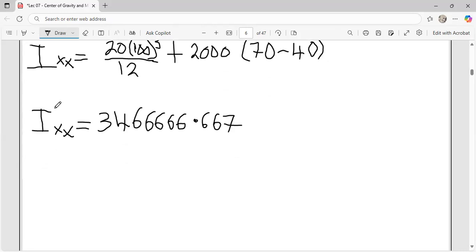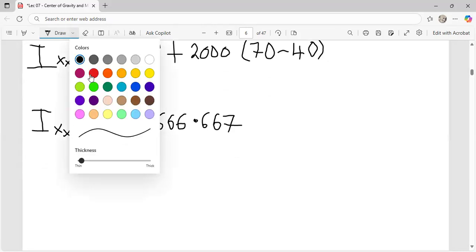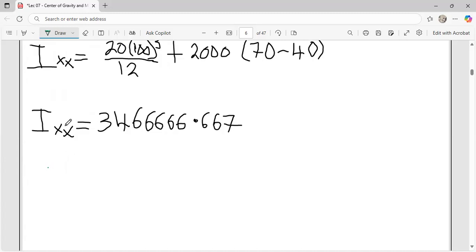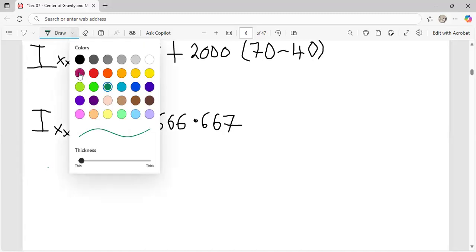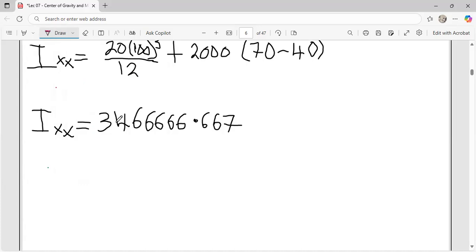Okay, from there, because we want to write our answer in standard form, it implies that we have to shift the decimal point in between the 3 and the 4. Okay, so let's do that. That is going to become what? 1, 2, 3, 4, 5, 6.